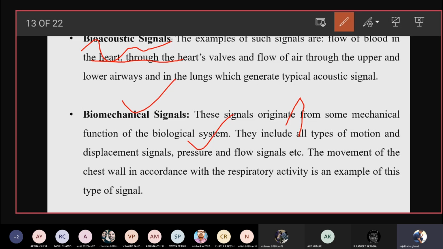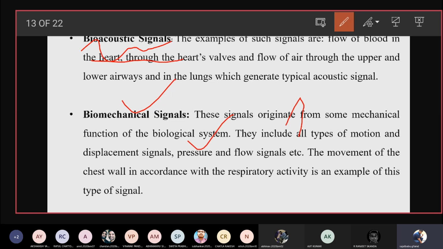You place the cuff on one of the limbs, increase the pressure there, and then capture the blood pressure. Then there is the movement of the chest wall. Whenever you are taking inspiration and expiration, your chest walls will move up and down, right? So the movement of the chest walls will also be a biomechanical signal.